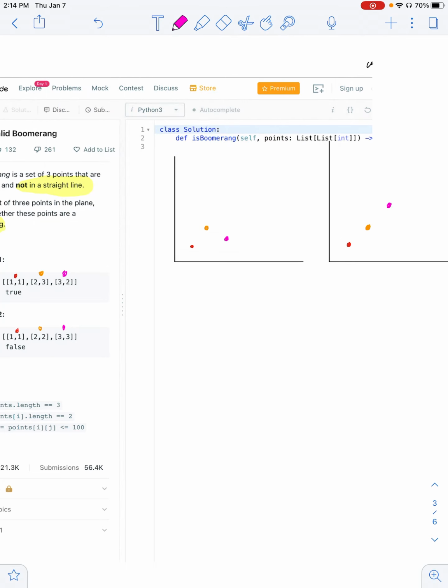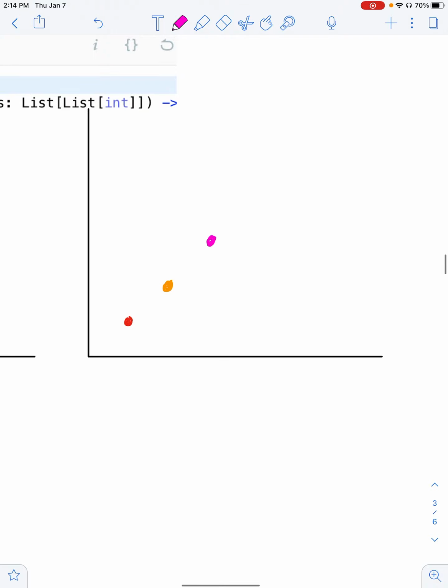In this example, it's clear to see that there is indeed a straight line that intersects all 3 of these points simultaneously, right? There's a single line that I can draw, which is completely straight and intersects all 3 of these points.